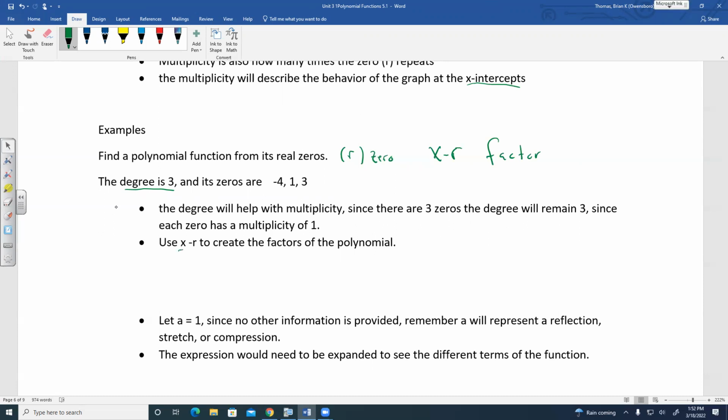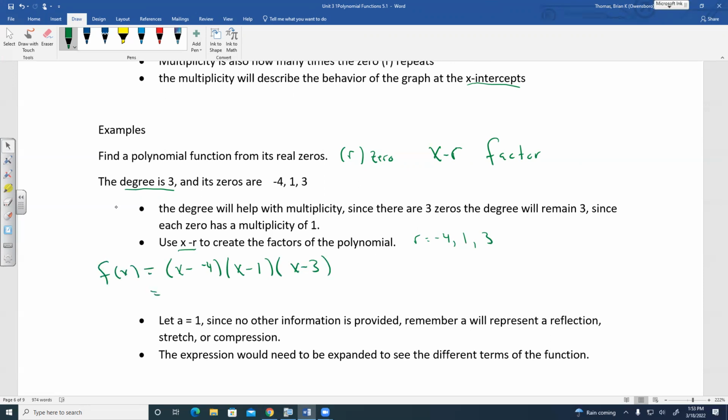As I said, we're going to use x minus r to create the factors of the polynomial. Since r was -4, 1, and 3, we're going to have x minus -4 times x minus 1 times x minus 3. Since we're writing a function, we have to use f of x equals this.